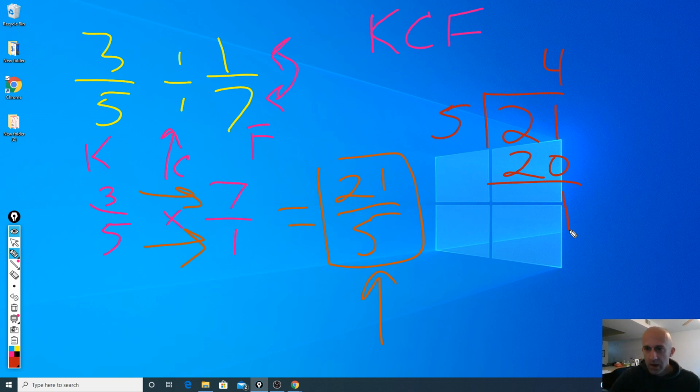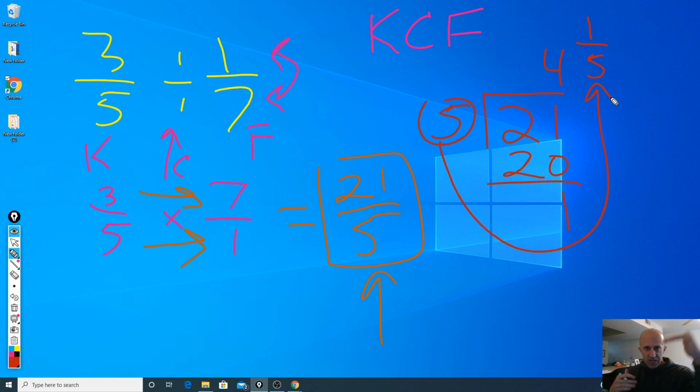Obviously, no. That 1 will now become the new numerator of your mixed number. The 5 gets put up as the new denominator. So to go back to our initial question, the answer of what 3/5 divided by 1/7 could be, well, the improper fraction is 21 over 5.